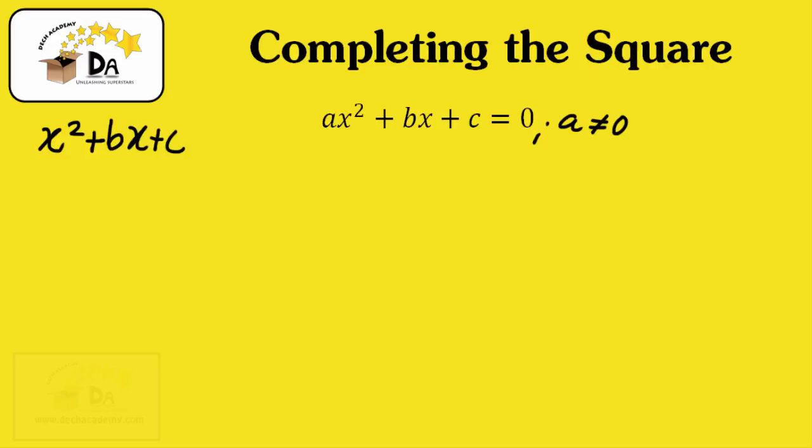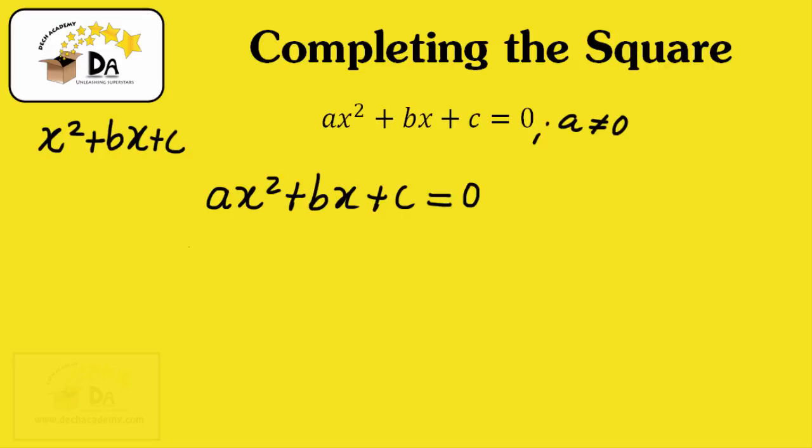Now, if you're given an equation in the form ax squared plus bx plus c equals 0, in order to apply the method of completing the square, you need to rewrite this equation so that the coefficient of x squared will be 1. The way to achieve this desired form is by dividing this equation through by a, the coefficient of x squared.